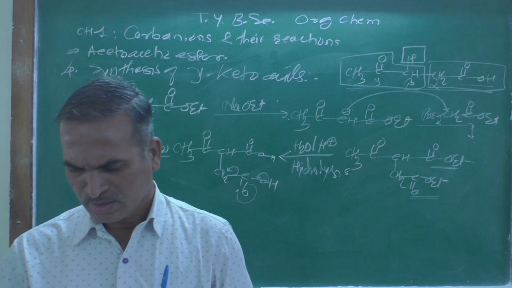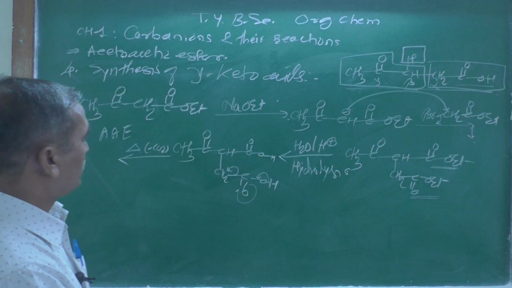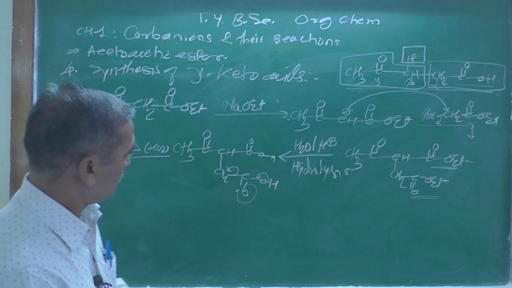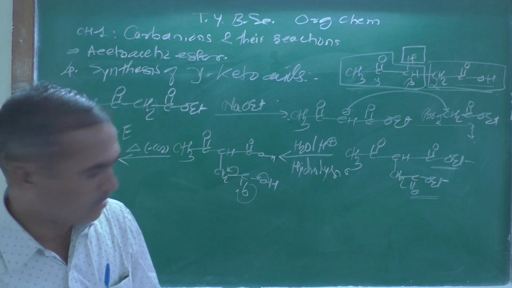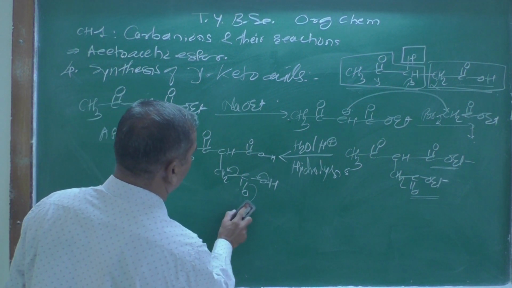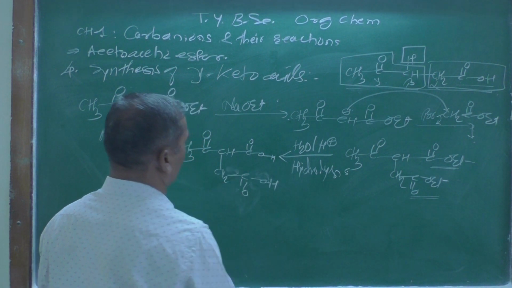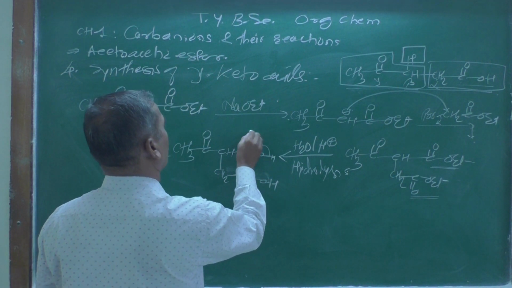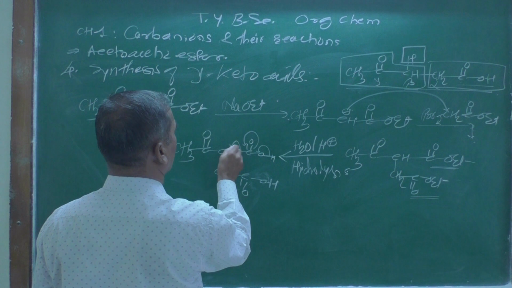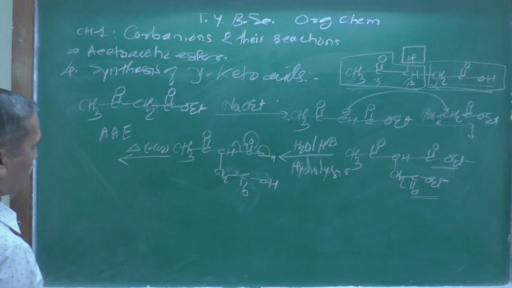Something is there, CH2 C double bond O. Now here, a negative charge, not this one. Let me make it here, you keep this one as it is. Only decarboxylation I am writing as this. Decarboxylation will be carried out by this, not from this, so that's the correction over here.